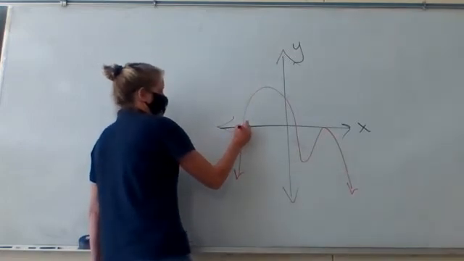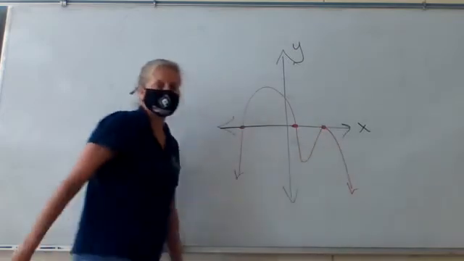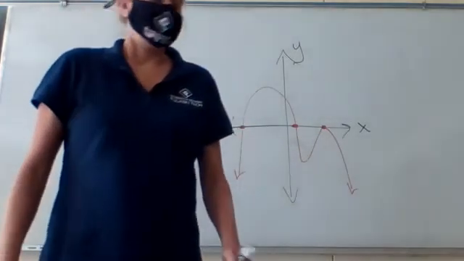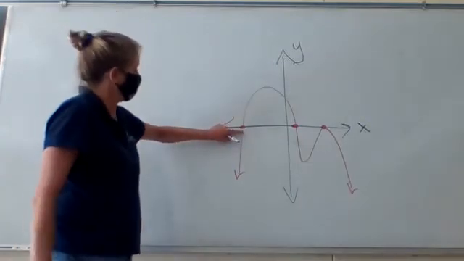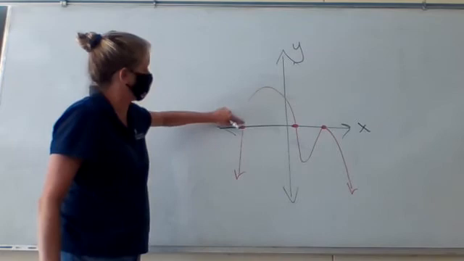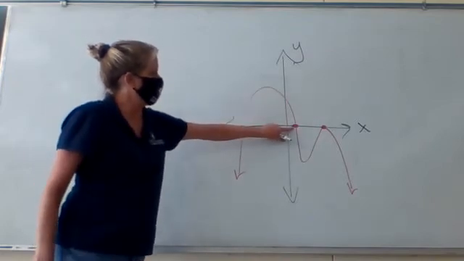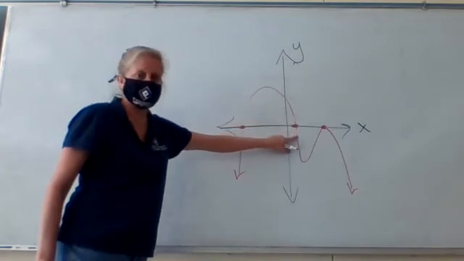It's got one here, it's got one here, and it's got one here. Sometimes your x-intercept is at a point where your graph goes straight through and crosses the x-axis, which is what happens here. It's also what happens here, right? It crosses the x-axis here.